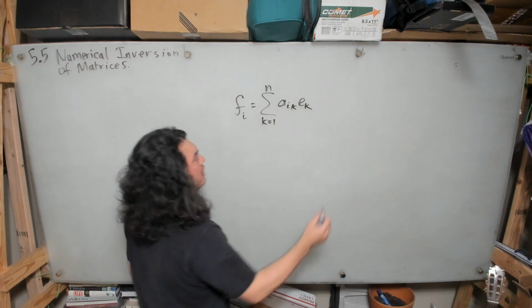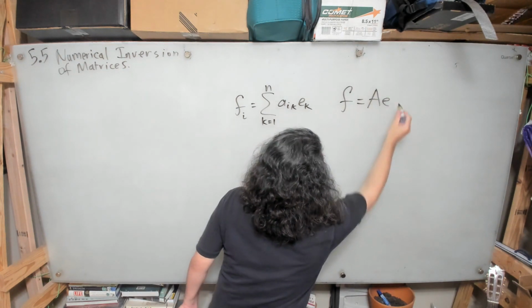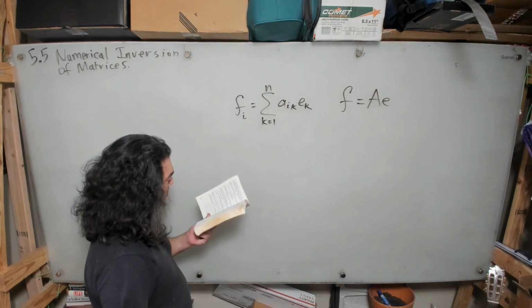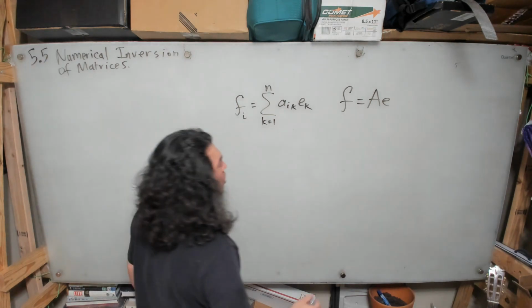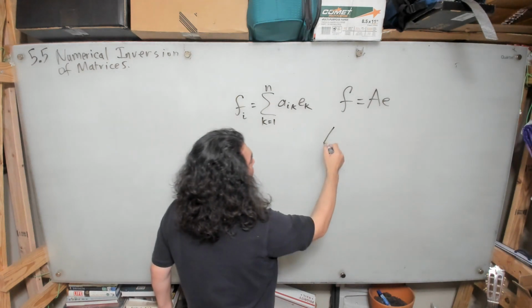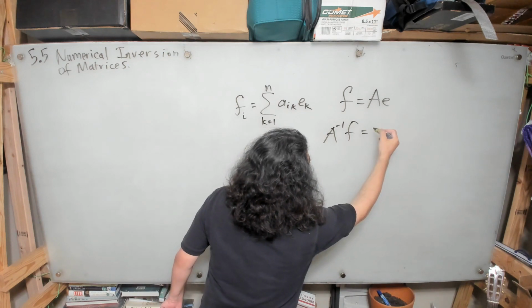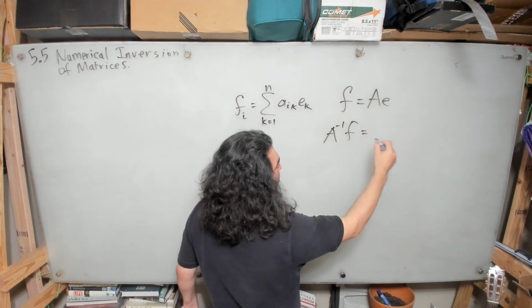In other words, if you have F equal to the matrix A times the vector E, then applying the inverse matrix to both sides gives A inverse F equals A inverse times A, which is the identity matrix, times E.